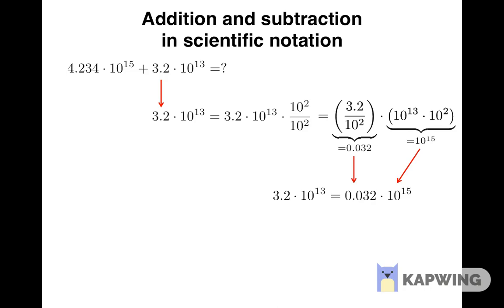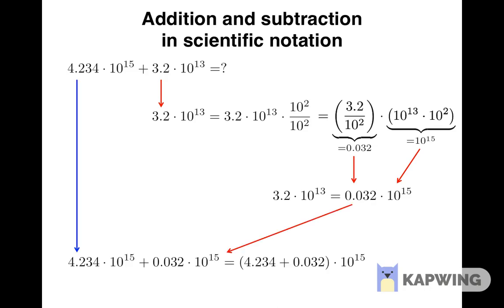Once we have done this, we can add our two numbers, 4.234 times 10 to the 15th power and 3.2 times 10 to the 13th power, which we found is the same as 0.032 times 10 to the 15th power.